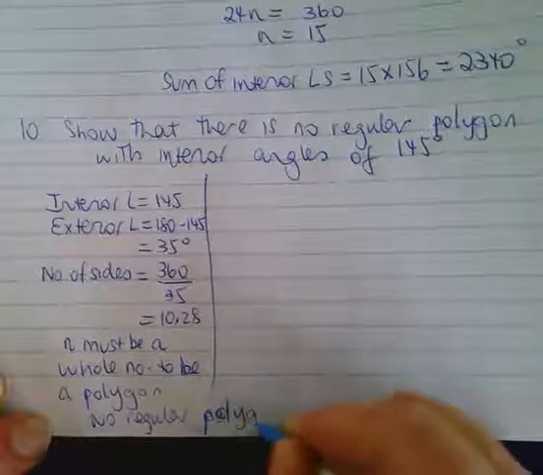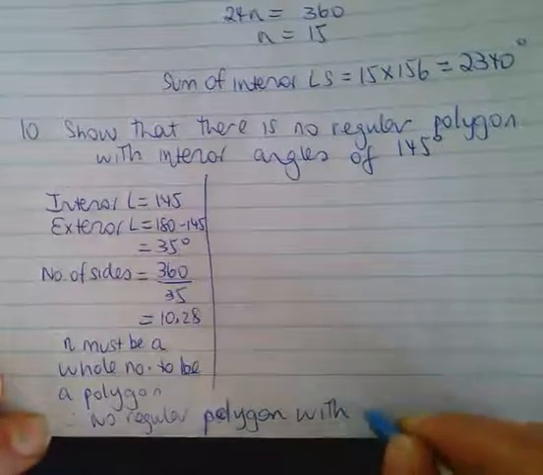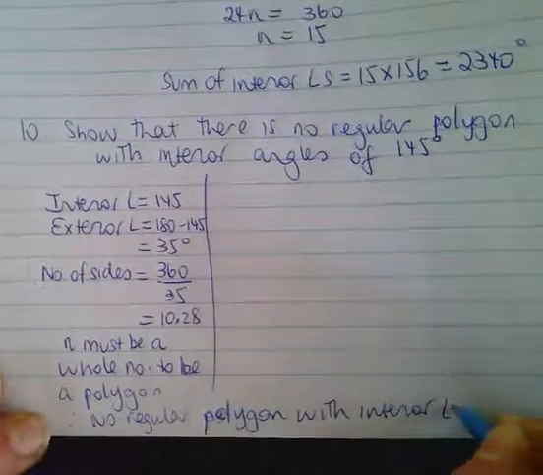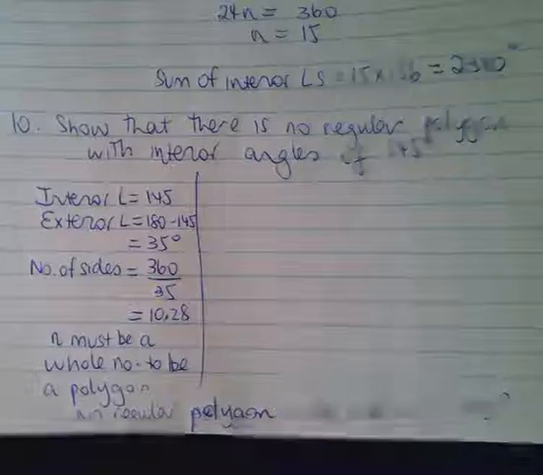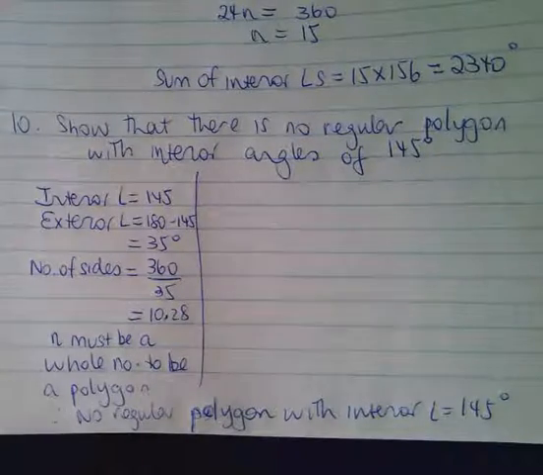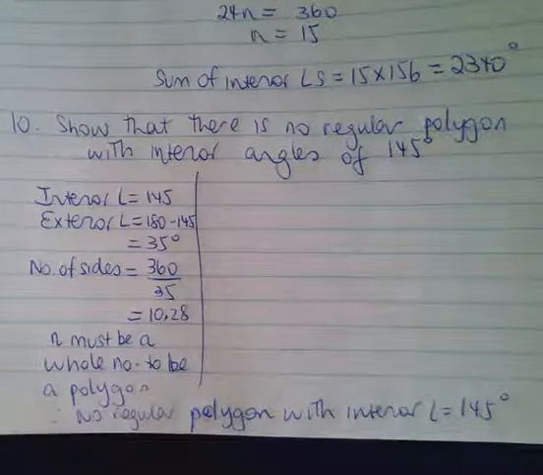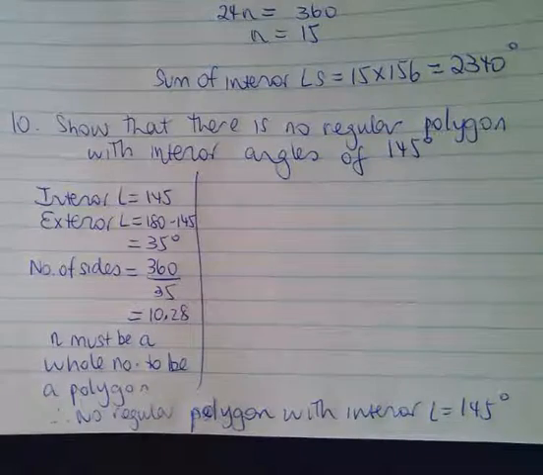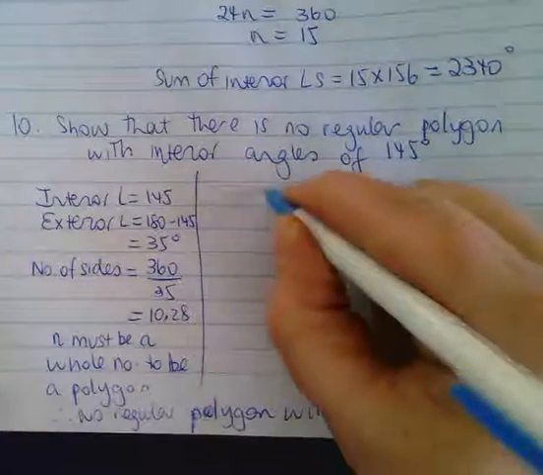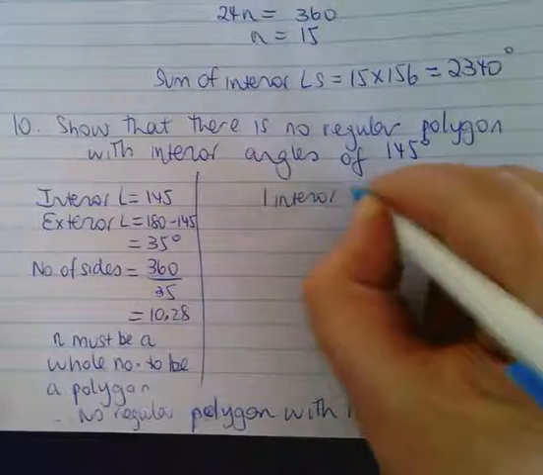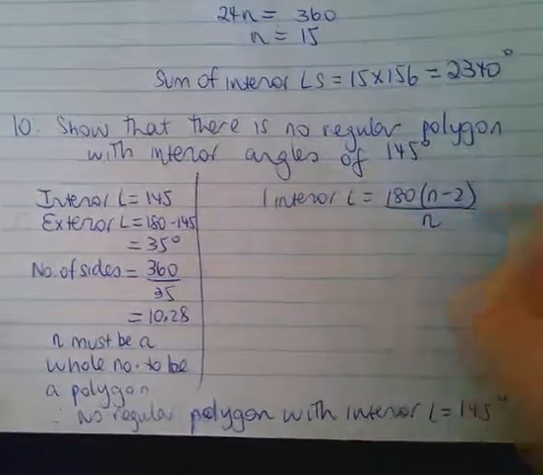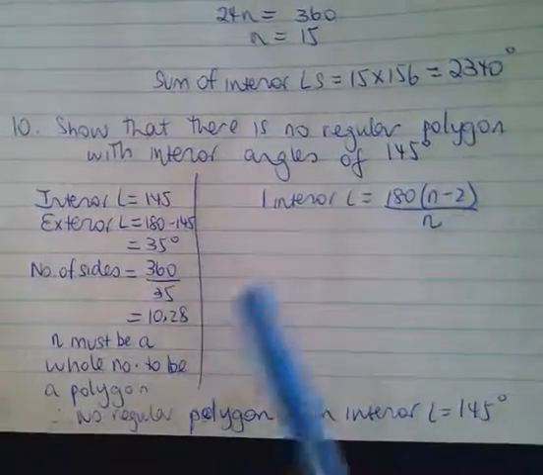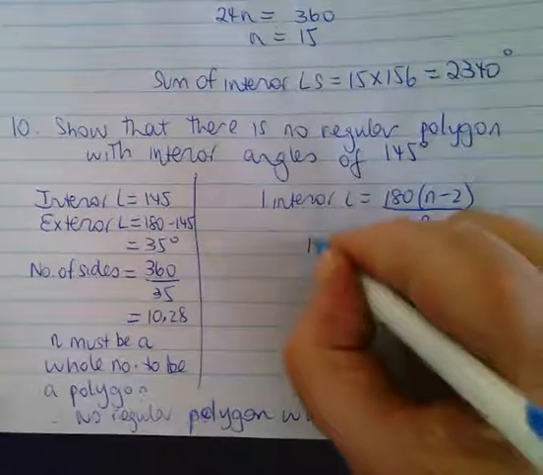Now, there's another way we could do this, with interior angle equal to 145. It's like what we did before. You can either go the exterior method, which I think is very quick, or you can do the one interior angle is 180(n minus 2) over n and solve that, and you should get the same answer.